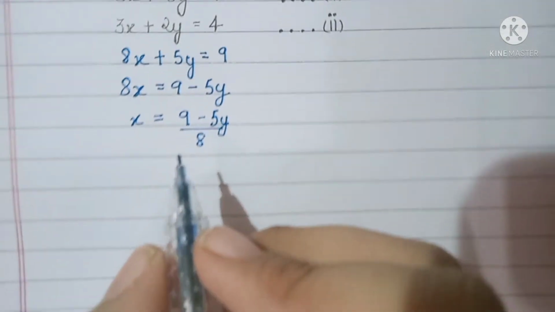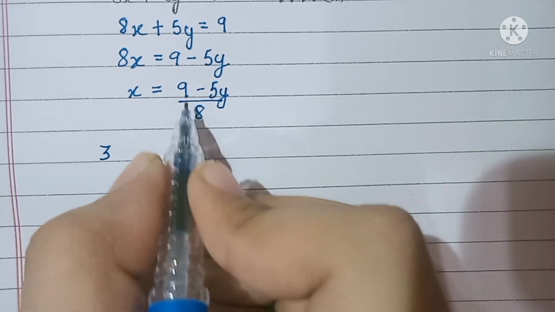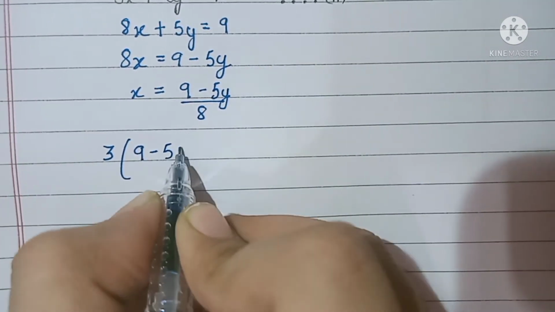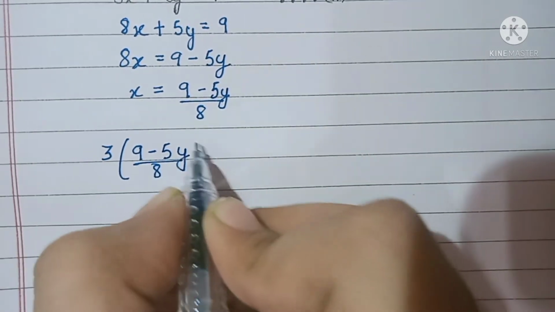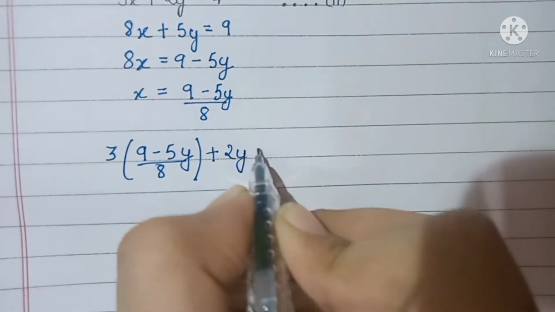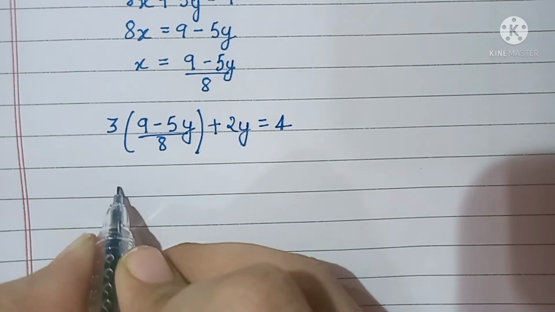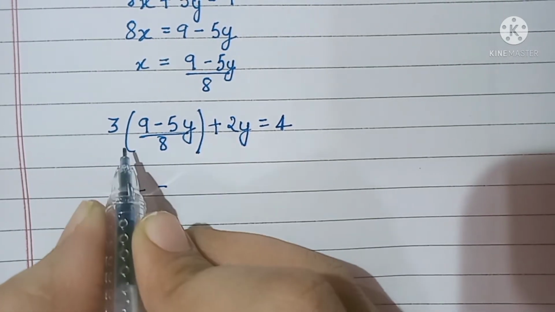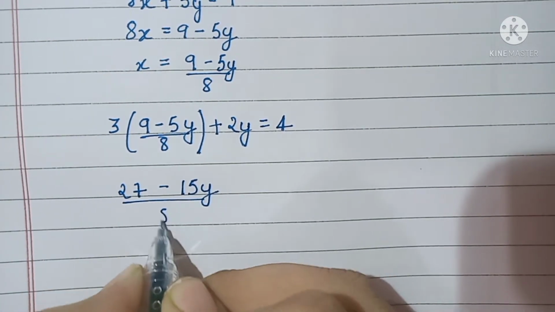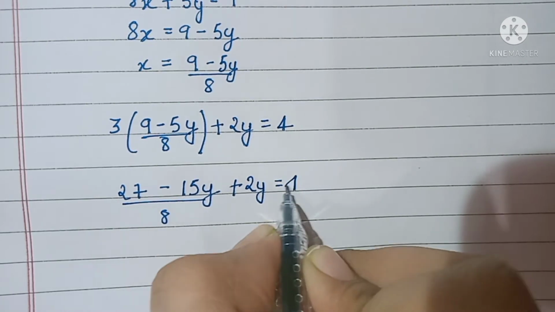So 3 times the value of x, (9 minus 5y) upon 8. So we will put this value in place of x, plus 2y is equal to 4. 3 nines are 27 minus 3 into 5 is 15y upon 8 plus 2y is equal to 4.